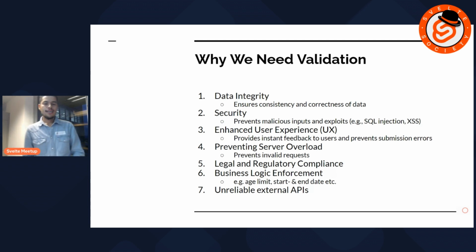And last but not least, number 7 is unreliable external APIs. Imagine you have an unreliable API that doesn't reliably give you the data that you want. Maybe sometimes it gives you a server error, maybe sometimes it gives you just empty strings, and you want to avoid that.